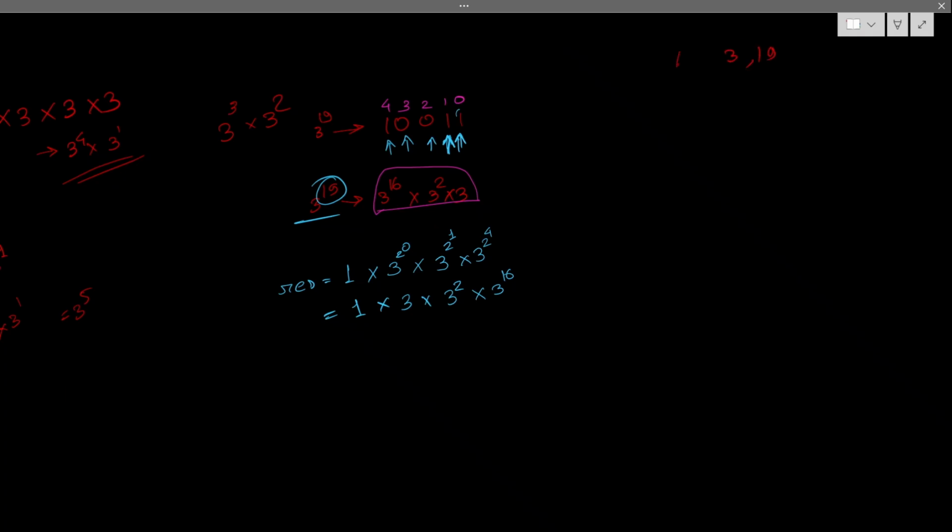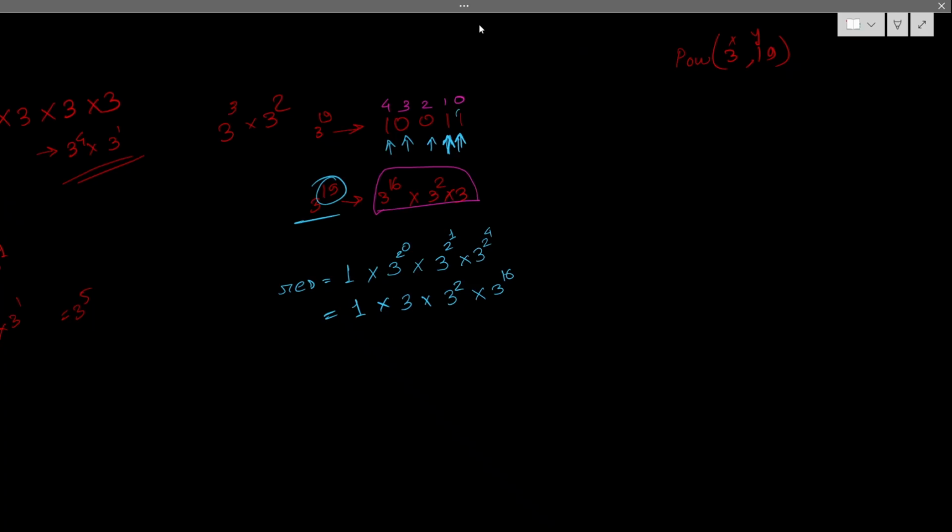In the power function, I pass 3 and 19, so it becomes x and y. Do I need to convert this integer y to binary? Here I am saying I am converting, but actually I don't need to convert. I can calculate a different way.